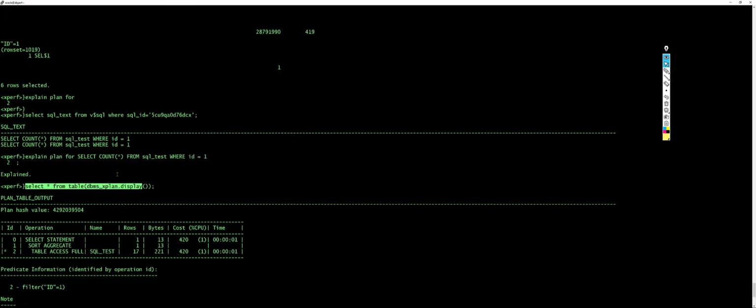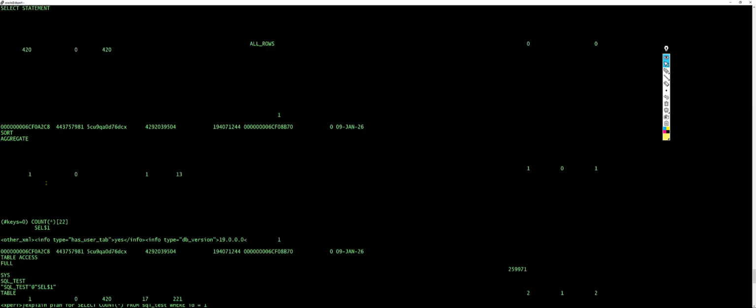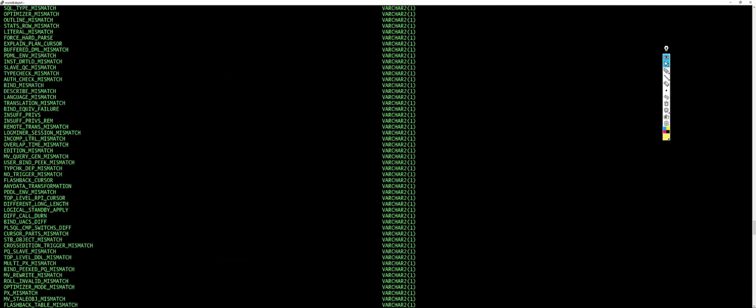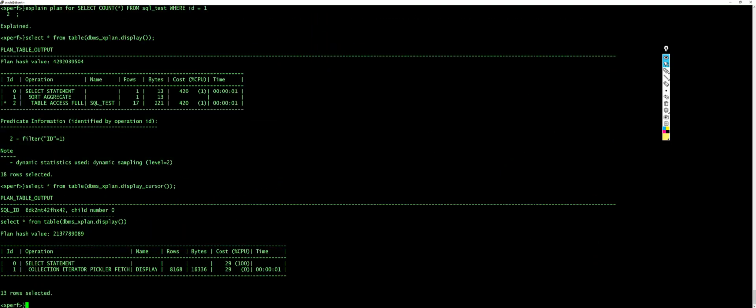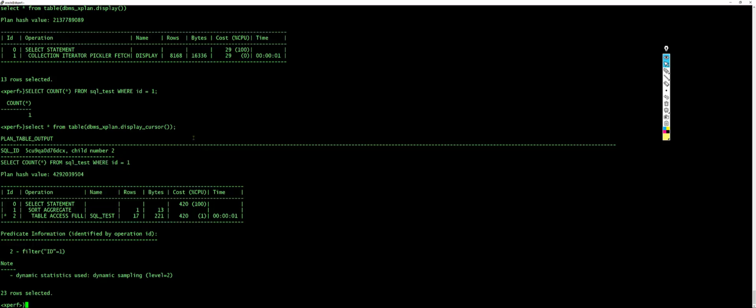Okay, so let me again execute the SQL statement and get the information. So this is the SQL text. Okay, so yeah, this is the cursor related information.